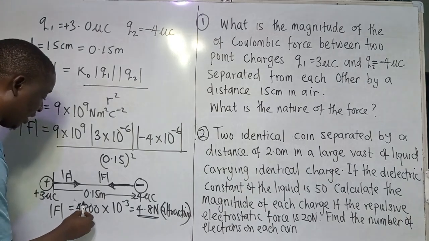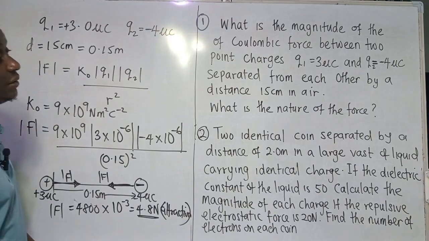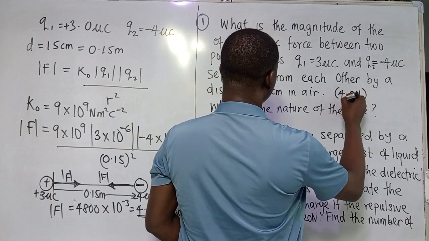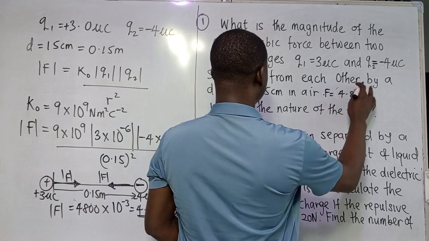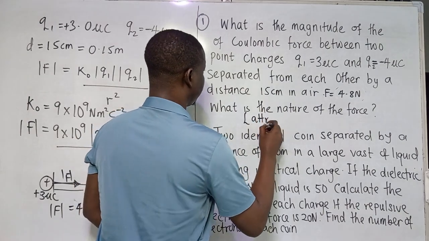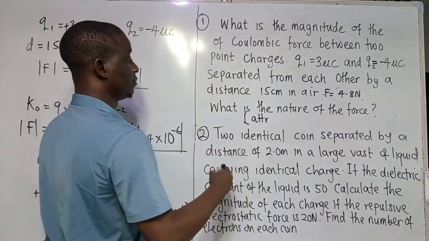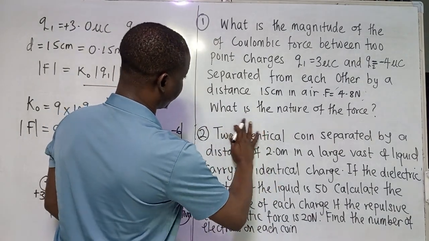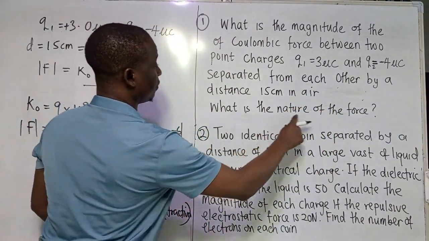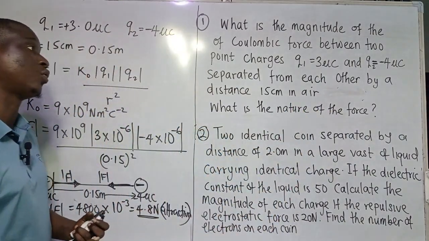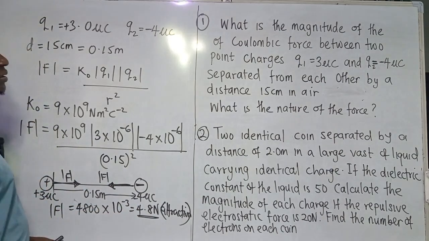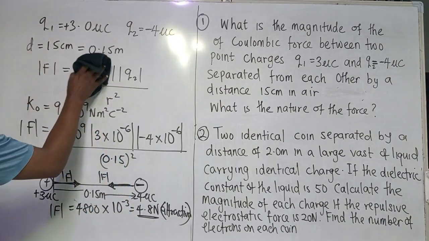Our force F is 4.8 Newton, the nature is attraction, and it occurs in air with a force of 4.8 Newton.